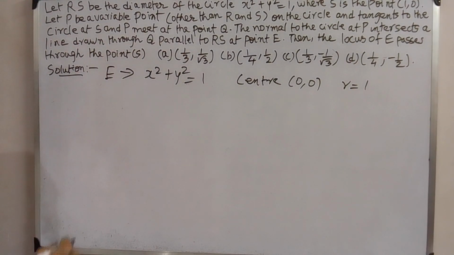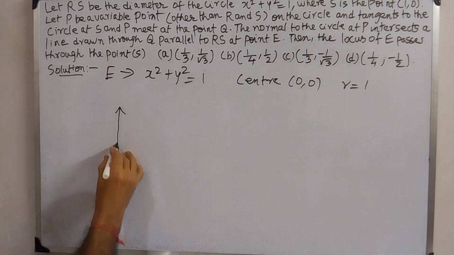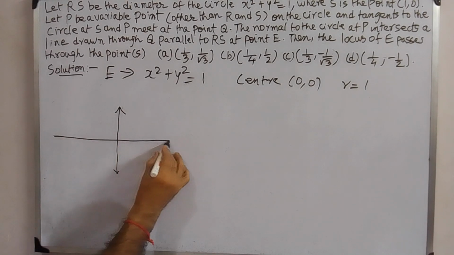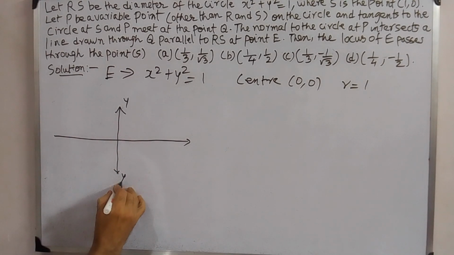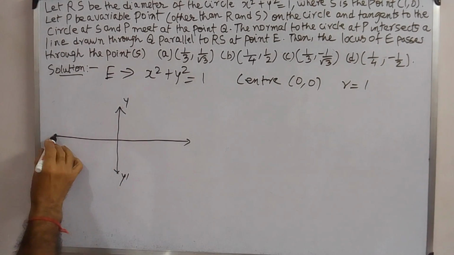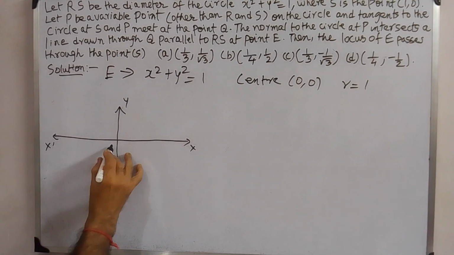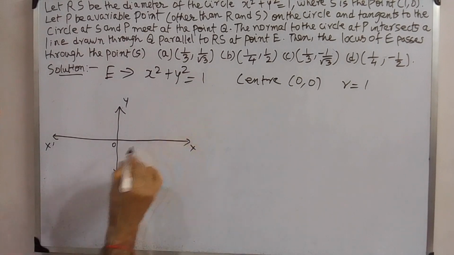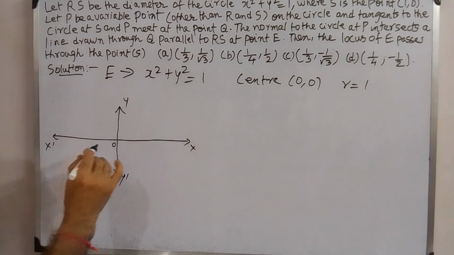So see here, now first I am drawing a circle. Here I have taken the x-axis and y-axis. This is the y-axis, y dash, and this is the x-axis, x dash, x. This is the origin, and the center of the circle is the origin, (0, 0).